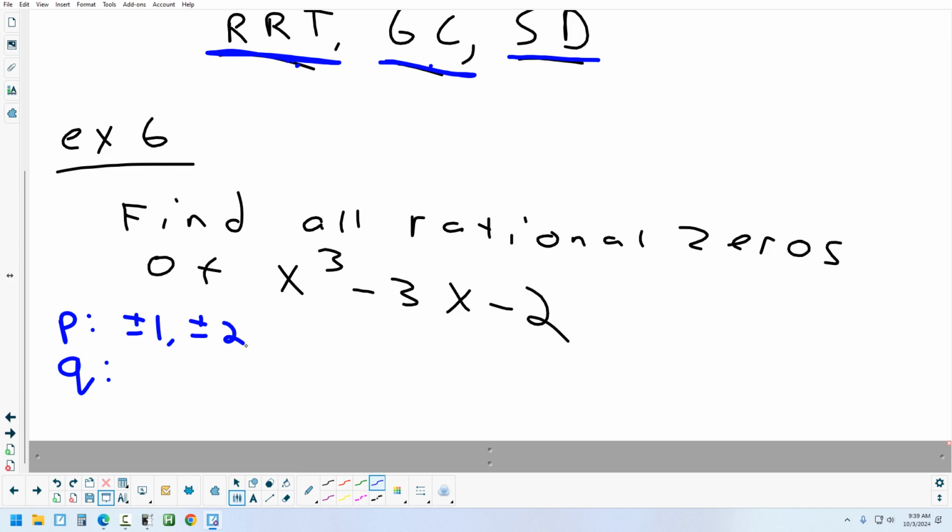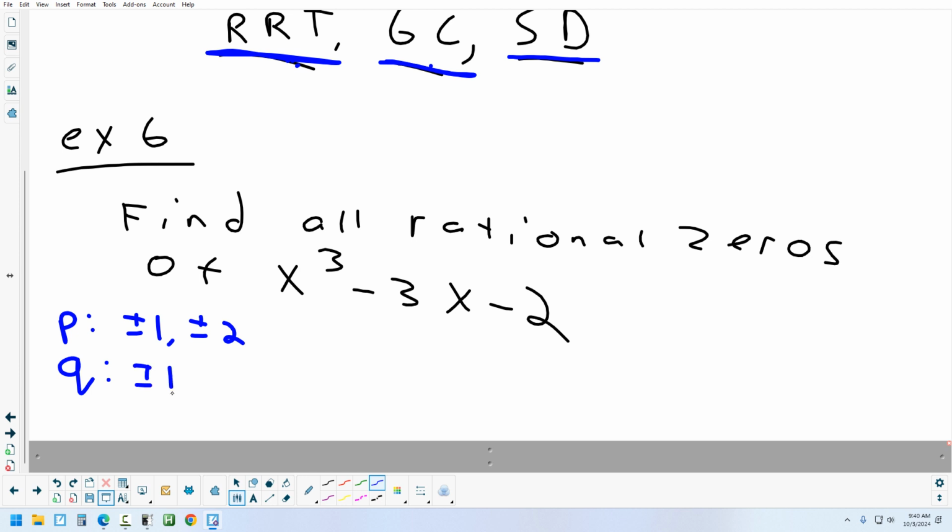Factors of the leading coefficient would be 1 and negative 1.